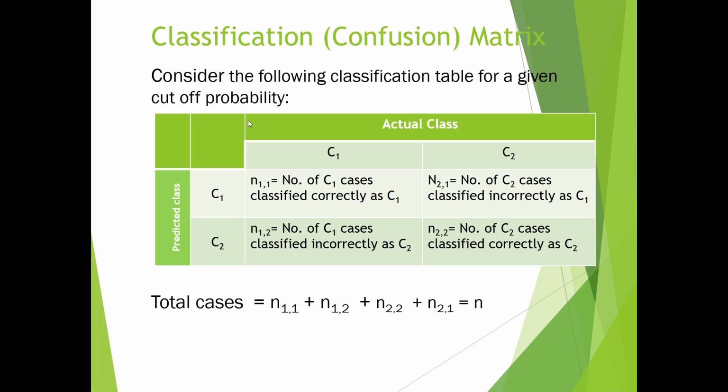So this is a misclassification. Now here we have actual class C2, predicted C2. So this is correct. And here we have a false negative. I'm assuming C1 is the positive class, C2 is the negative class.